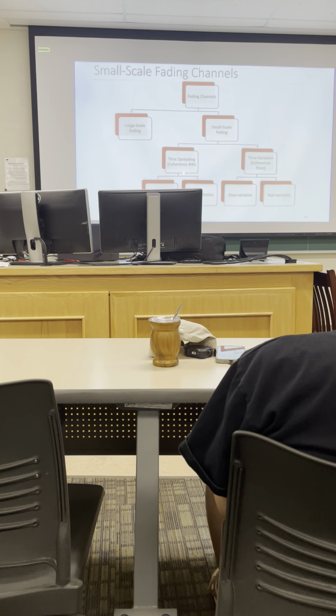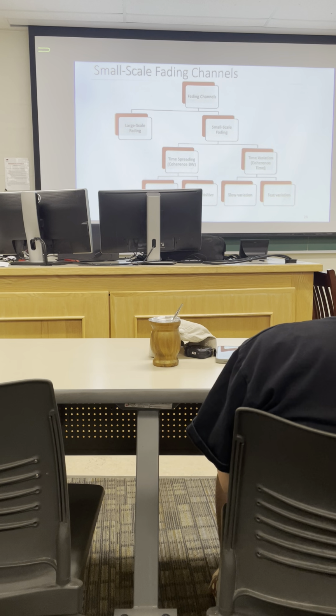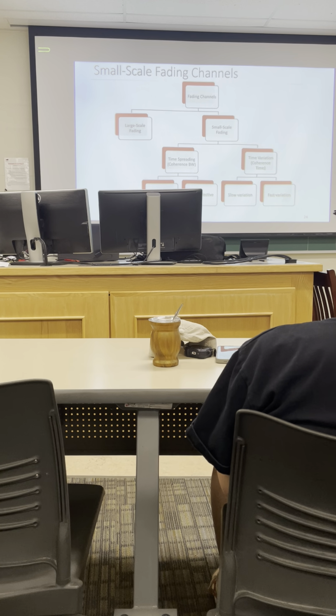In more detail, we have the coherence bandwidth: what is frequency flat fading, and what is frequency selective fading? Which one is better than the other? And after that we will discuss what is slow variation and what is fast variation.